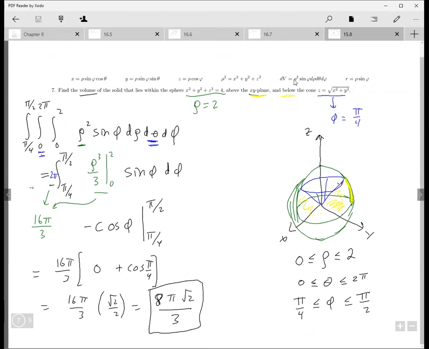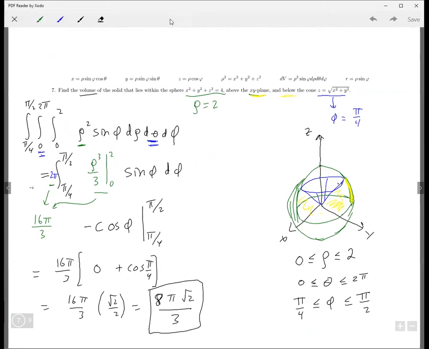Okay, so you see how when we were doing spherical coordinates, we have this right here. dv is rho squared sine phi, and so on. And you see that rho squared sine phi right there?